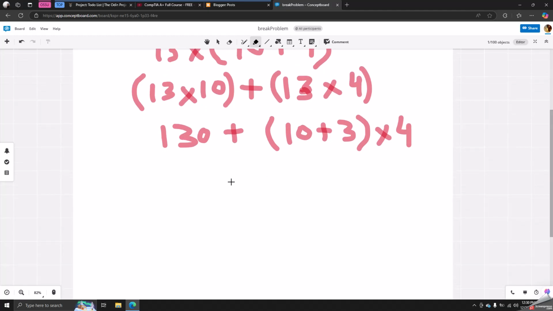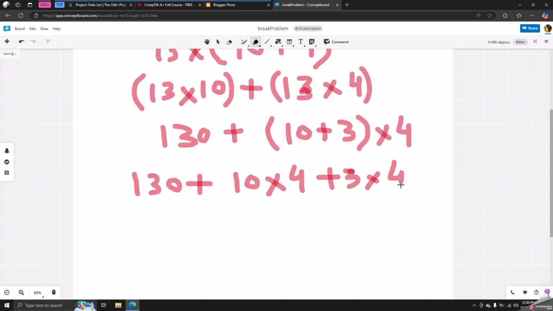So what I can do now, 130 will be written as such, right? Now I need to distribute 4 onto these two numbers, right? So using the distributive property of multiplication, it is now 10 times 4 plus 3 times 4, right?